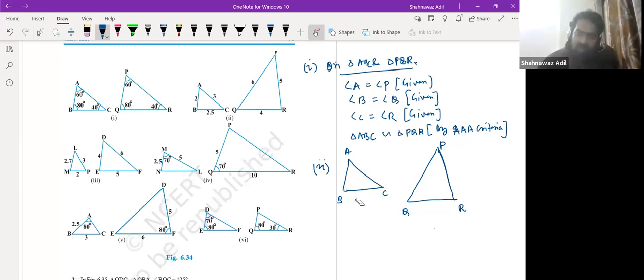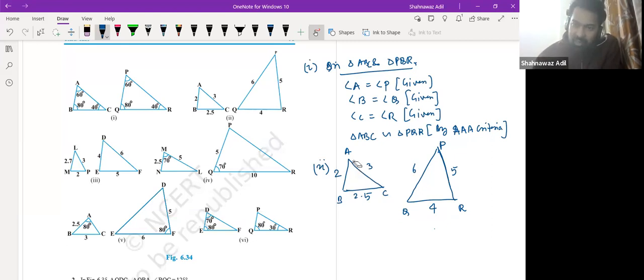Okay, so the next question. This is 2, this is 3, this is 2.5, this is 6, this is 5, this is 4. So what criteria can we use? SSS, right? But the sides are different.